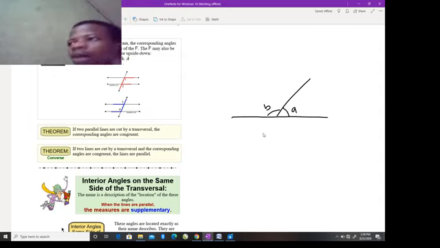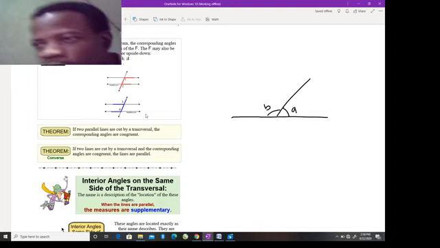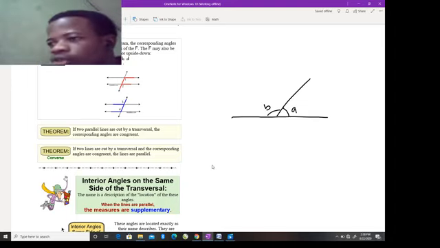But if you have two angles that are on the same side of the transversal line, between two parallel lines, I will call them at times facing angles. Look at this. Okay, let me illustrate with this. Let me wipe this.